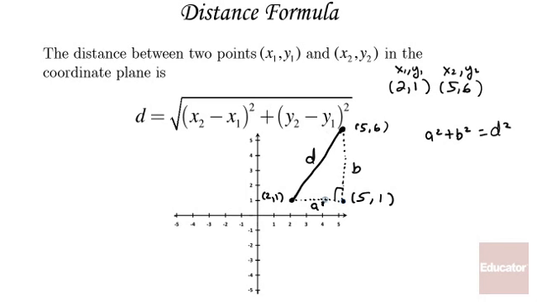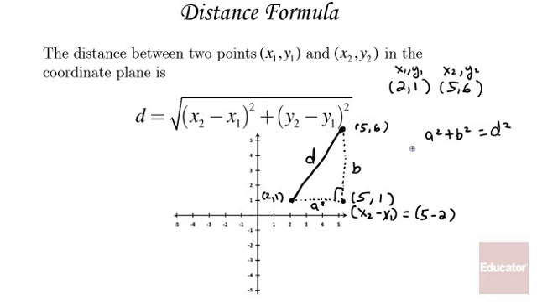Well, you can find the length of side A simply by subtracting this value of x from this value of x. So if I take x2 minus x1, which is going to actually equal 5 minus 2, I'm going to have the length of A.